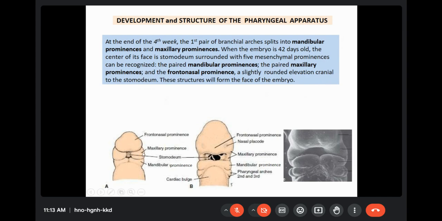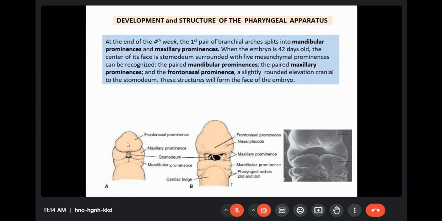These prominences or processes will give rise to the structures of the lower and upper jaws, which are called mandibula and maxilla. And also we have in the upper part the frontonasal prominence. It is the rounded elevation of the cranial part of the embryo.